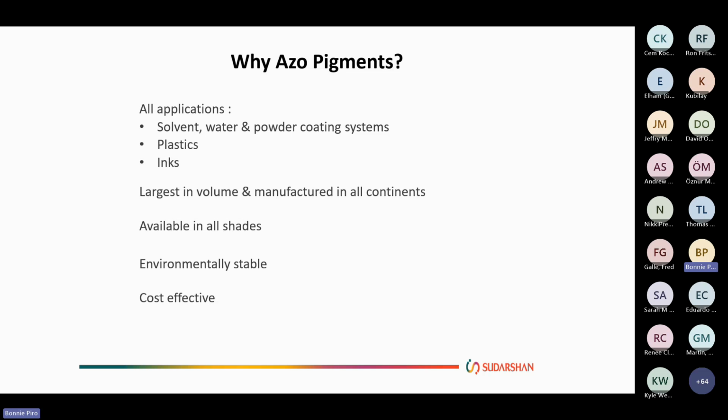As I mentioned, this is the largest volume of organic pigment types, and these are manufactured in all of the continents of the globe. From a color space coverage perspective, for the most part, there is something available in all of the color spaces that you may need. These are environmentally stable, and they tend to be very cost effective for your formulation.